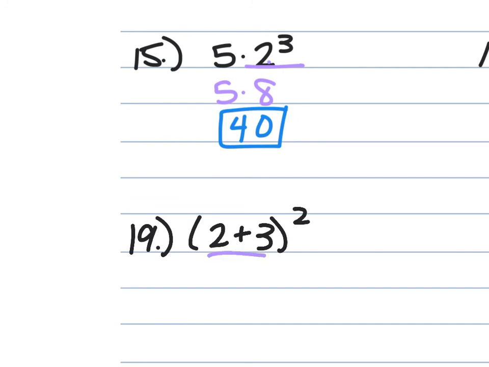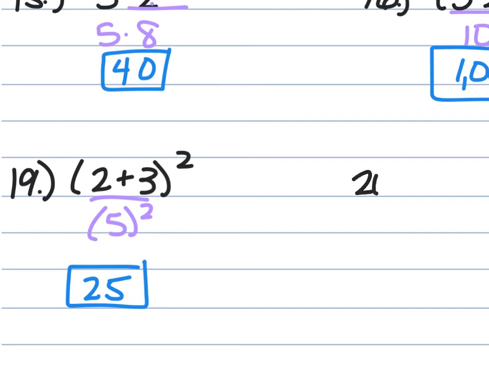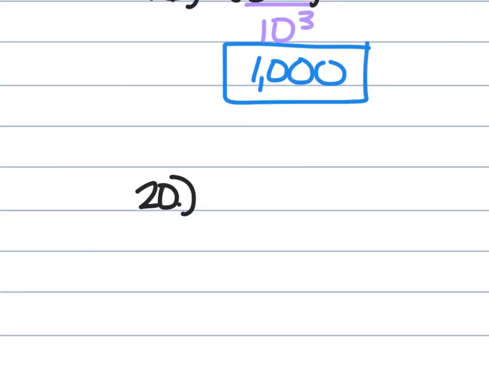So this 2 plus 3 is 5, and 5 to the 2nd power is the same thing as 5 times 5, which is 25. And lastly, for 20, we have 2 plus 3 squared. That 3 squared we have to do first. That 3 is positive, so we do 3 times 3, which is 9. So 2 plus 9 gives us 11.